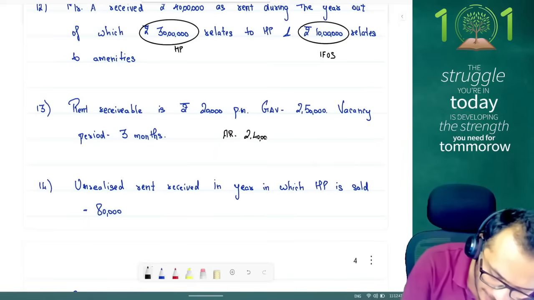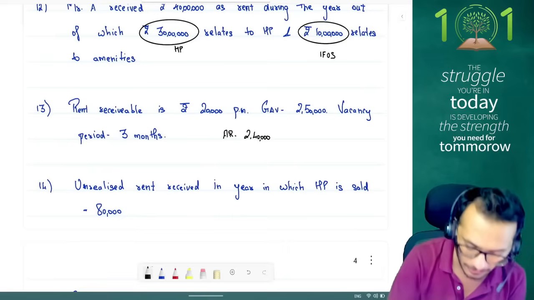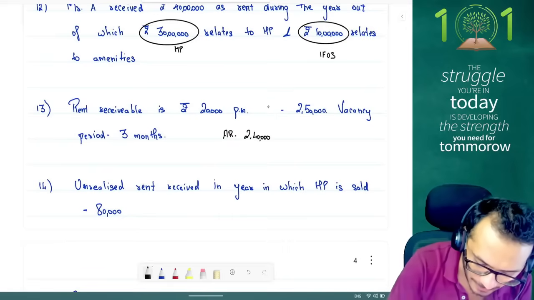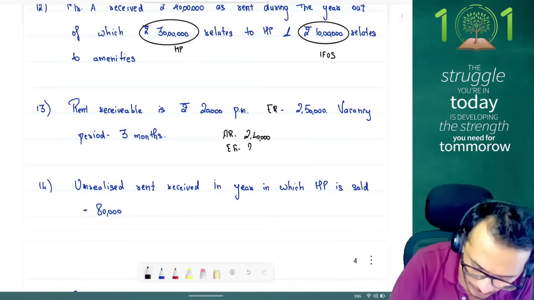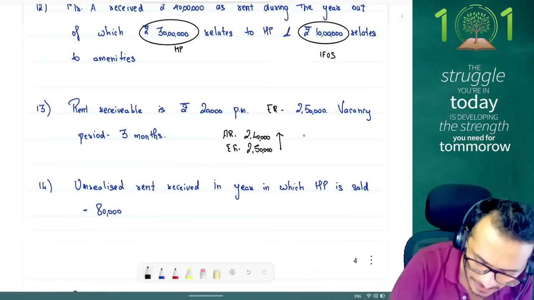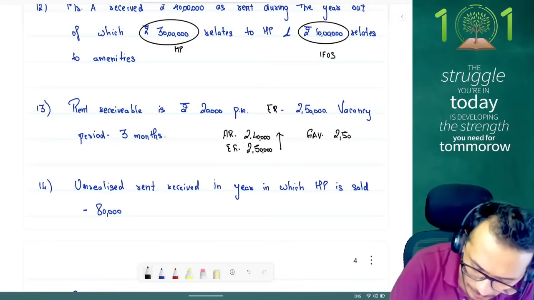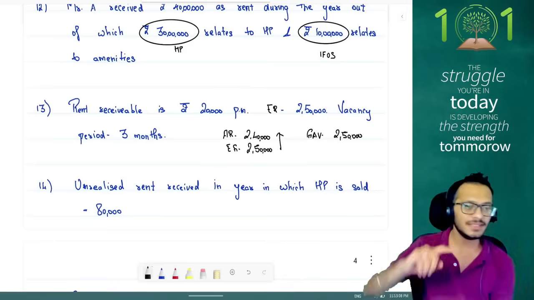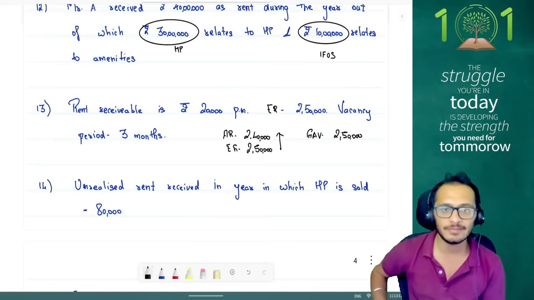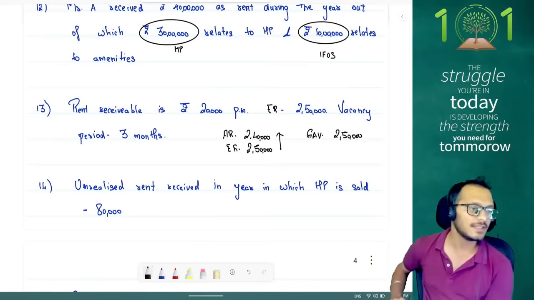Had I not had any vacancy, my actual rent would have come to 2,40,000. Whereas my, sorry, not GAV, this is expected rent. My expected rent is 2,50,000, whichever is higher, which means my GAV has come to 2,50,000. Check and tell me, people, if my GAV is 2,50,000, I am already reporting a rent less than what the government expected from me. Can I claim any vacancy loss?